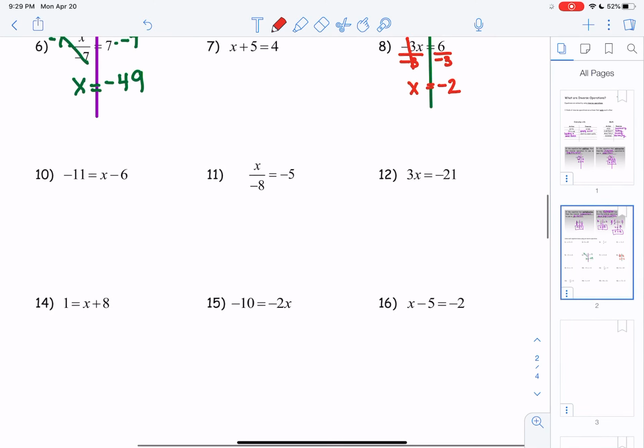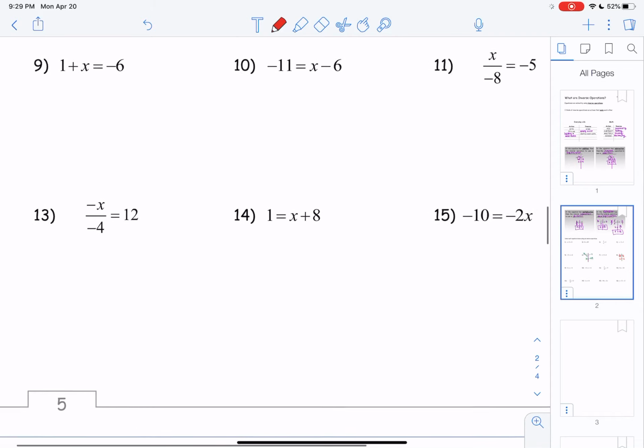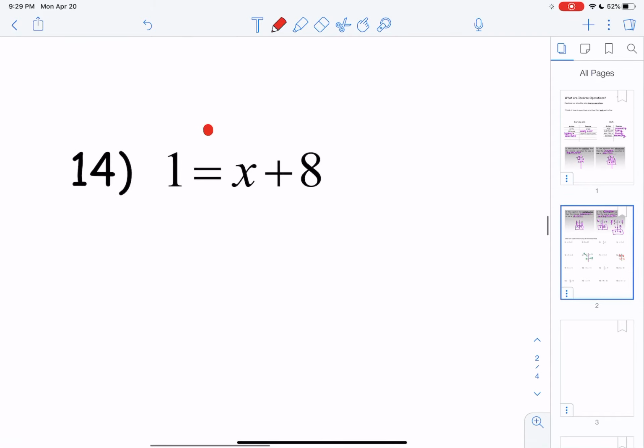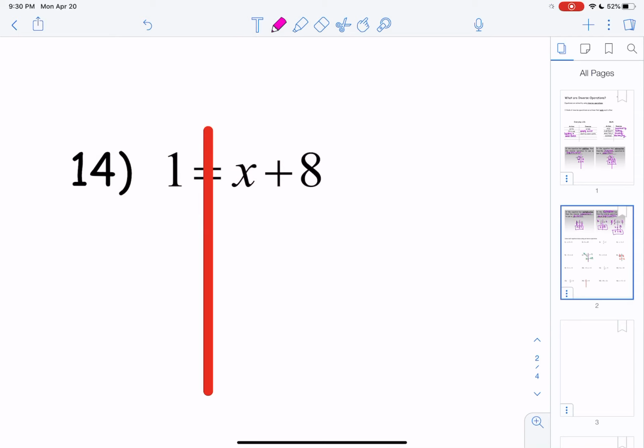All right. And notice how these are switched right here. It's still the same thing, you guys. So you would draw your line. My goal is to get x by itself. Remember, we had to isolate x. So how would I get rid of this plus 8?